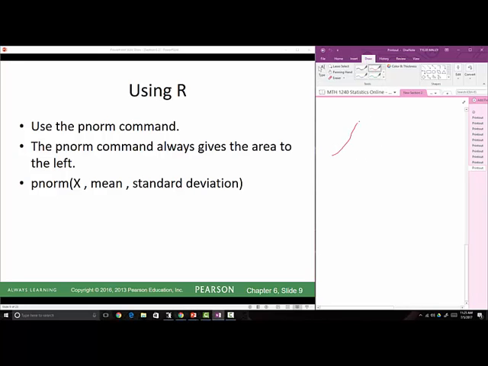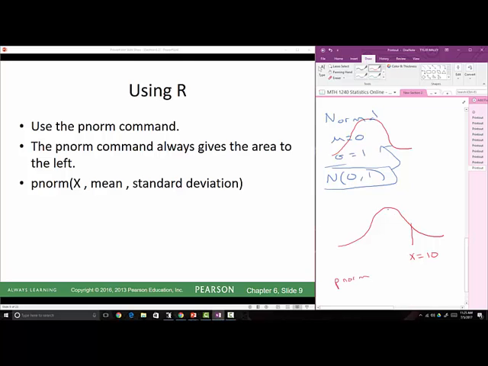So if here's my normal distribution, whoops, I had a lag there, sorry about that. So if I have a normal distribution, and maybe this is x equals 10, and let's say this is centered at 8 with a standard deviation of 2. If I wanted to find the area to the left of the curve, it'd be going from positive 10 all the way to negative infinity.